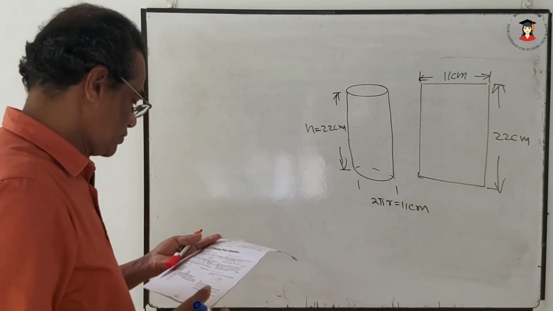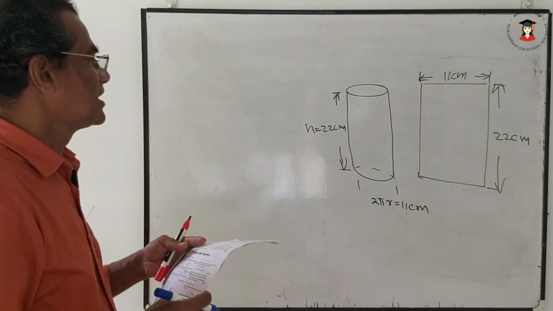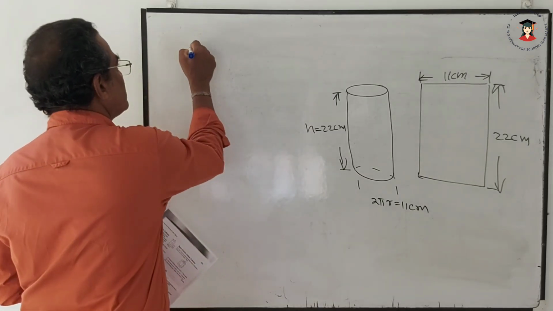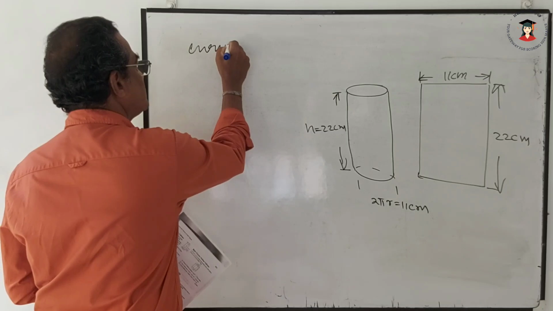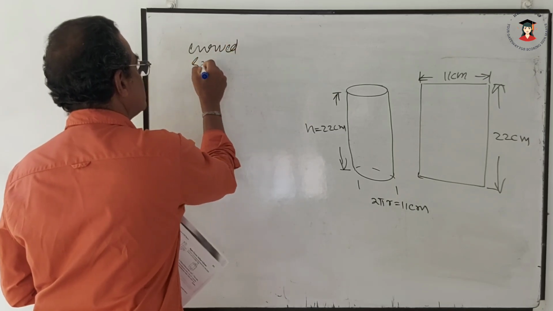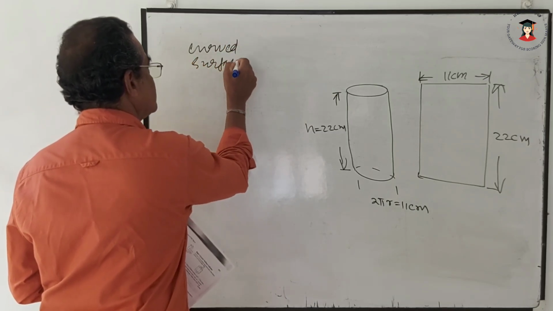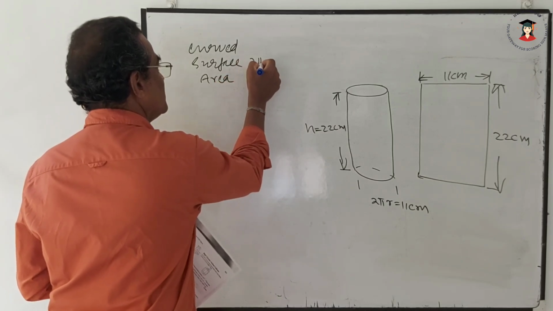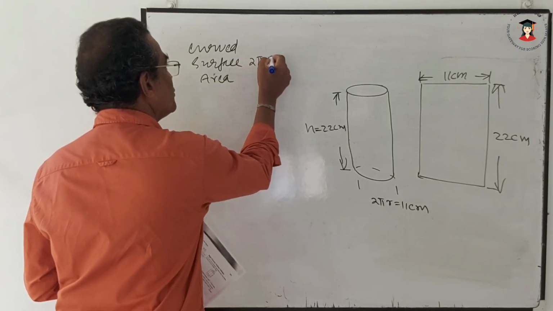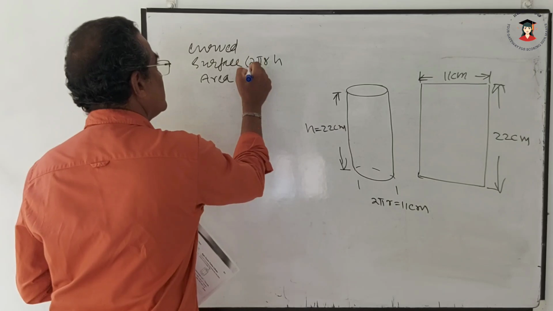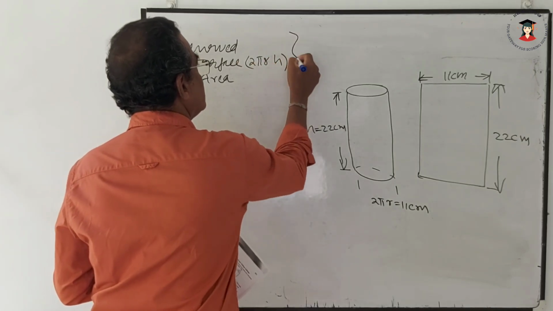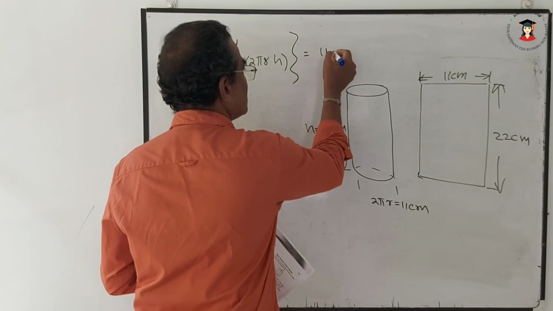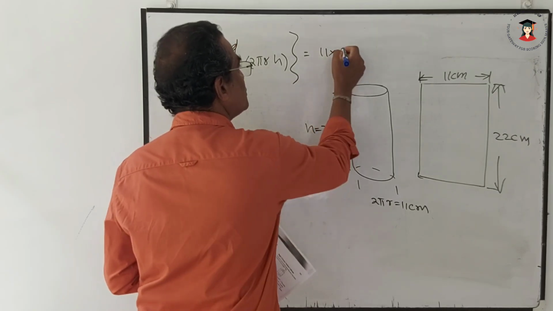We need to find out the curved surface area of the cylinder. Curved surface area is equal to 2 pi r into h. 2 pi r we know, that is 11, h is 22.